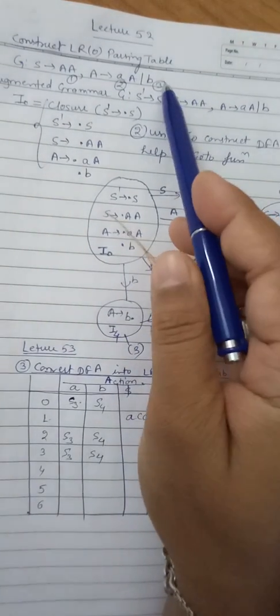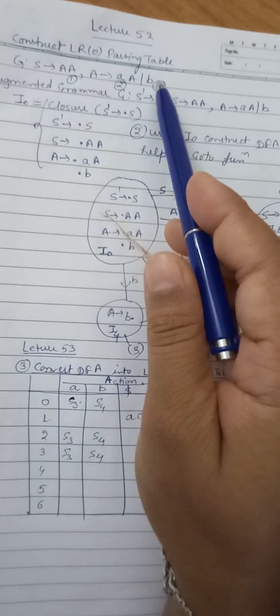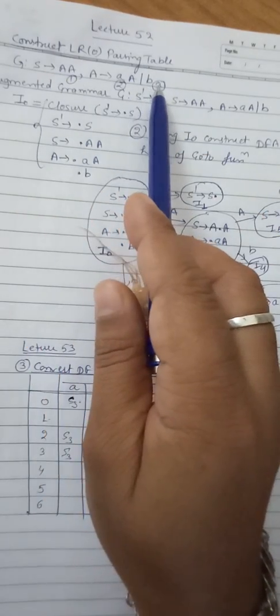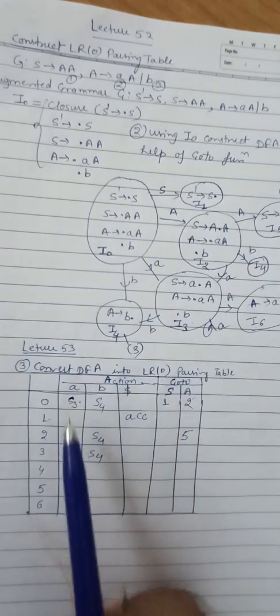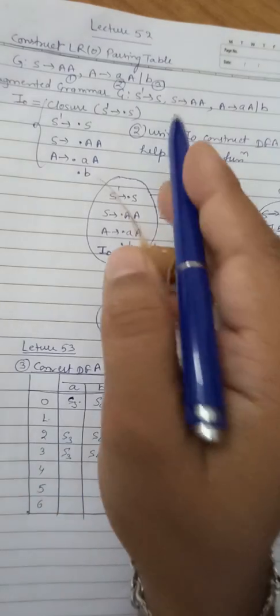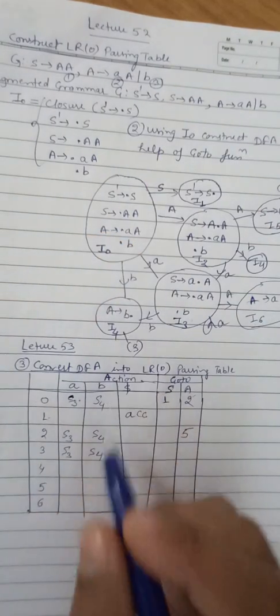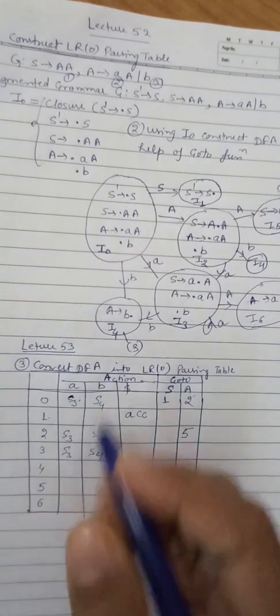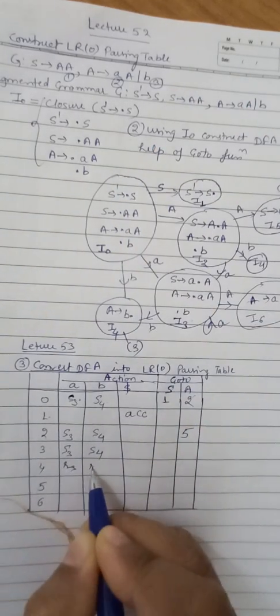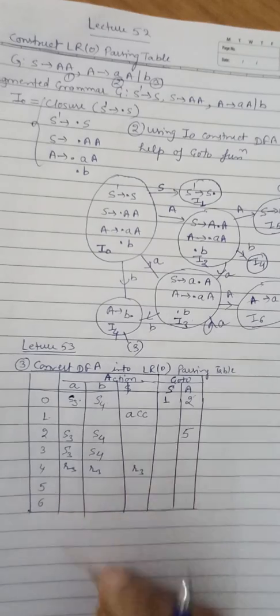We are completing the third production of the grammar. This is a reduction, the reduction of the third production at I4. So we will write R3, R3, R3.